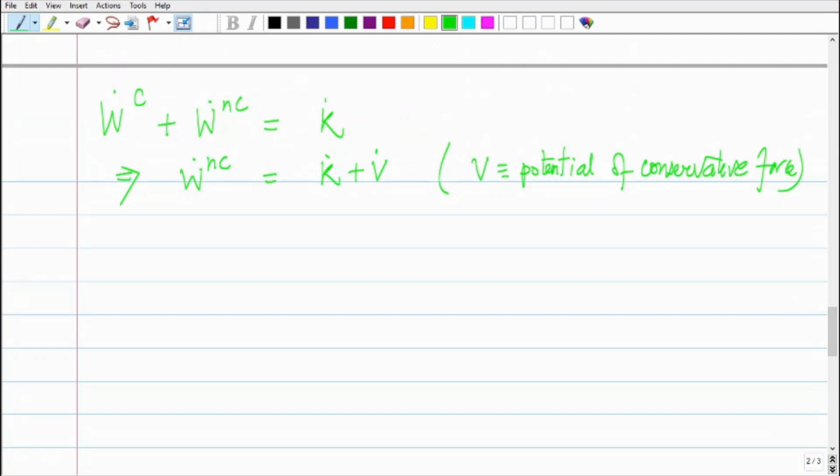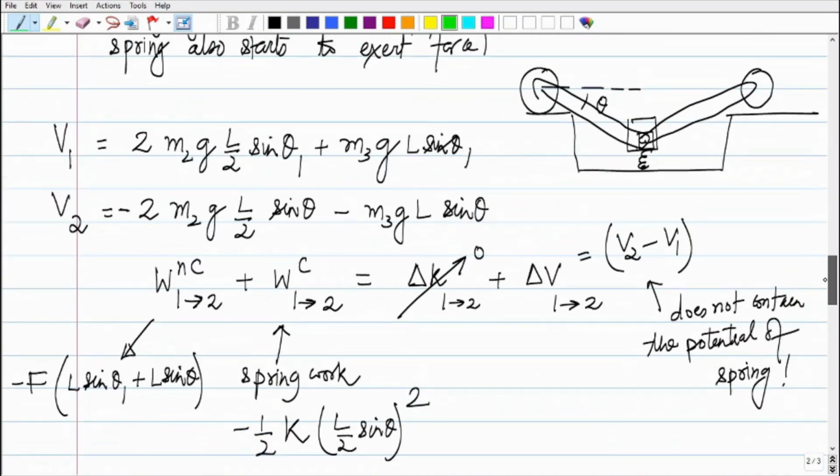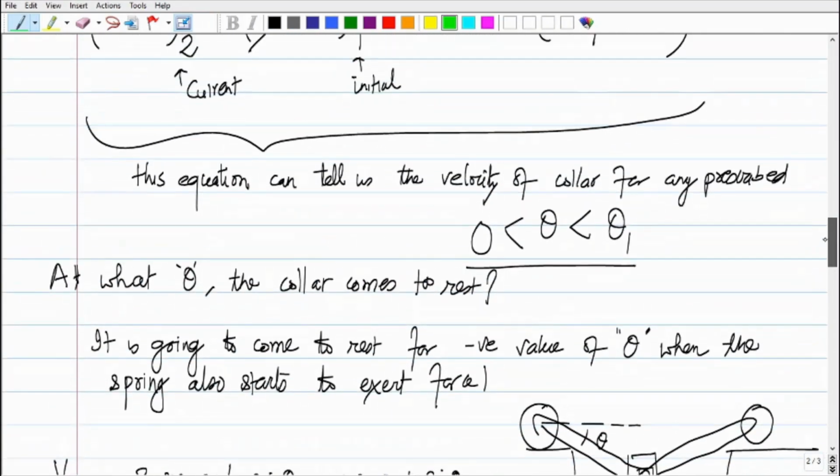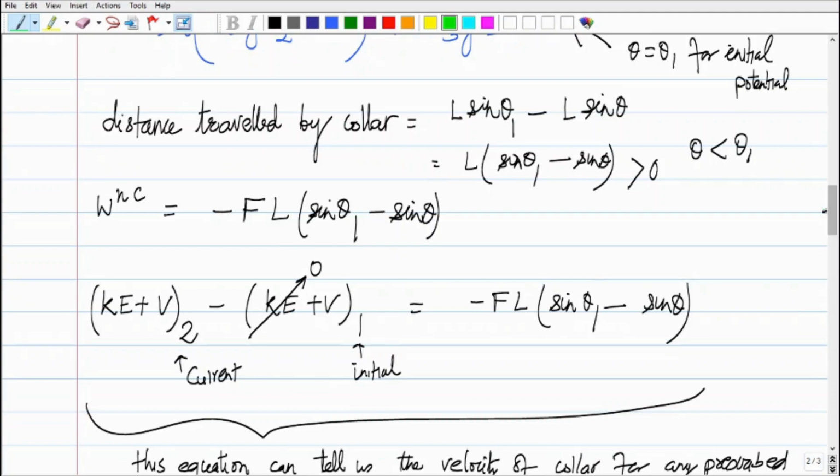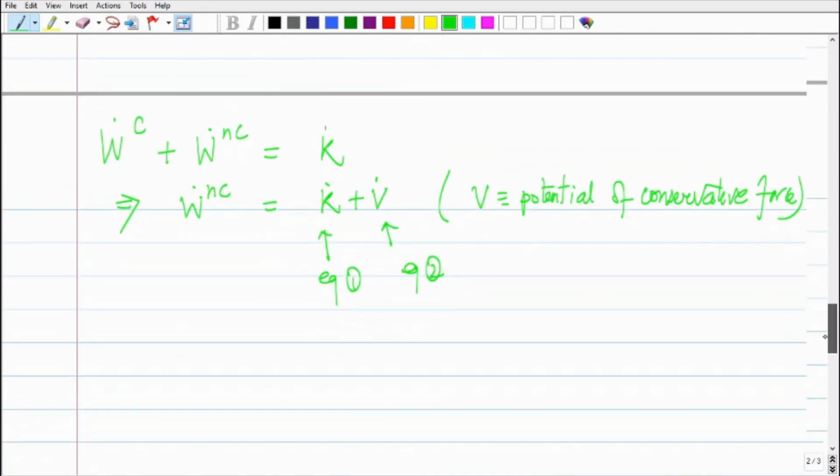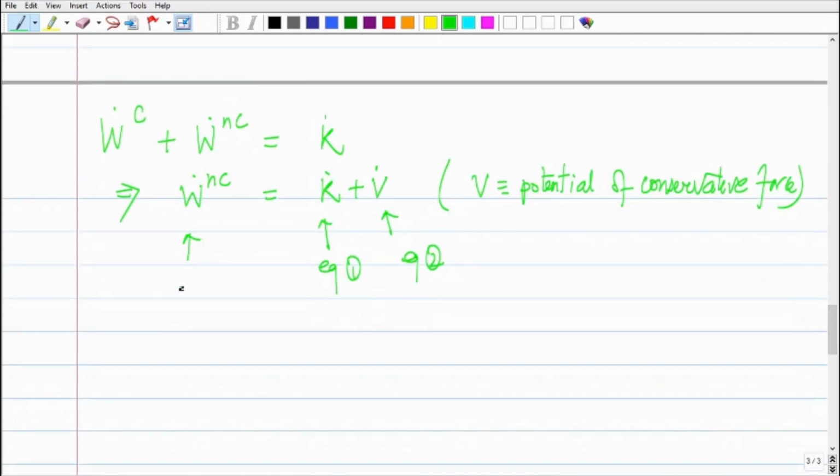So we simply put it here and take the time derivative. Similarly, we also have the expression for work done by the non-conservative force. That's equation 3.